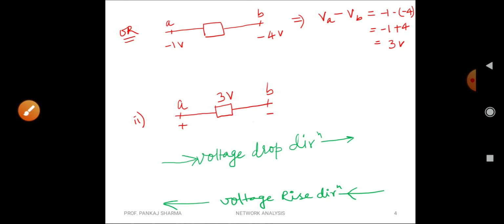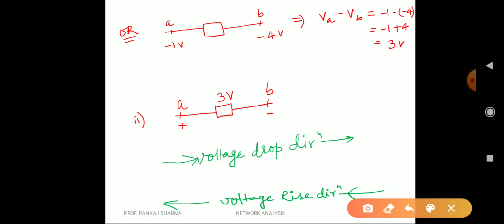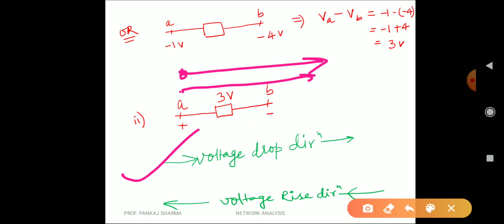I have already discussed this point previously: while going from this point to this point, we have a voltage drop. The direction of voltage drop is from higher potential to lower potential. A is at plus, which is higher, B is at minus, which is lower.